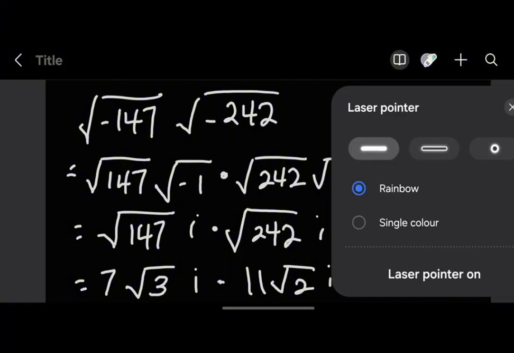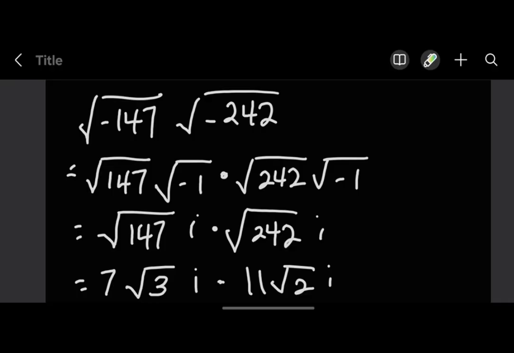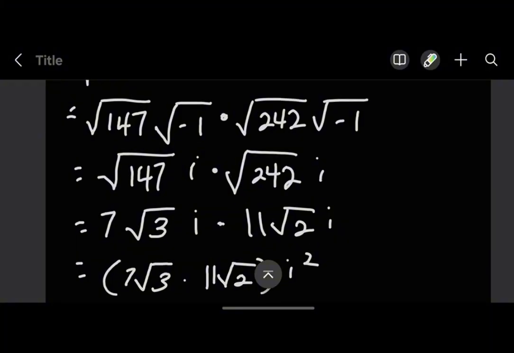As we all know, root -1 is equal to i. So root 147 multiplied with i multiplied with root 242 i.